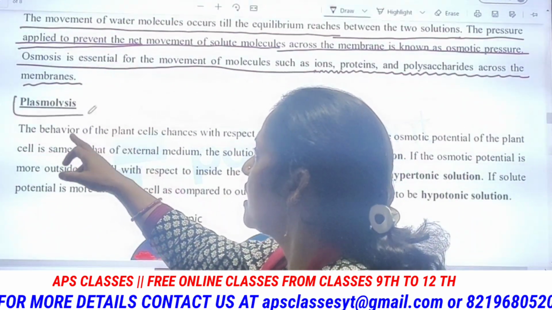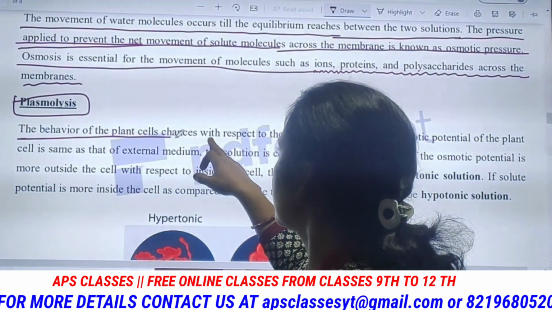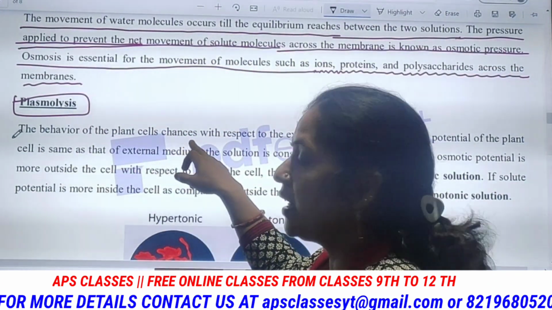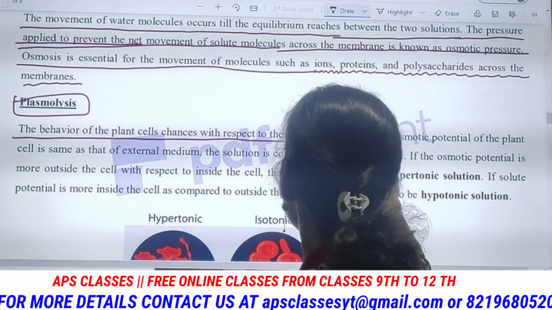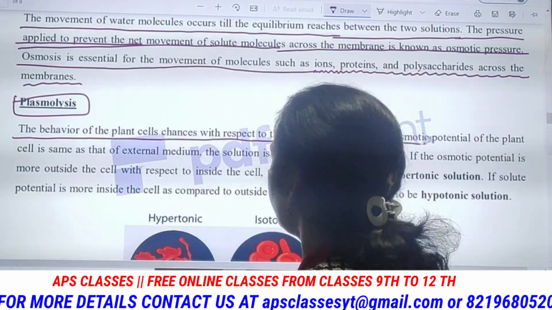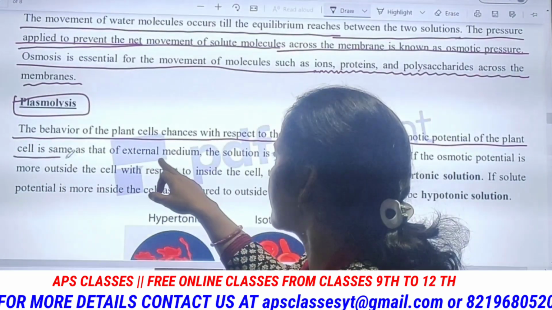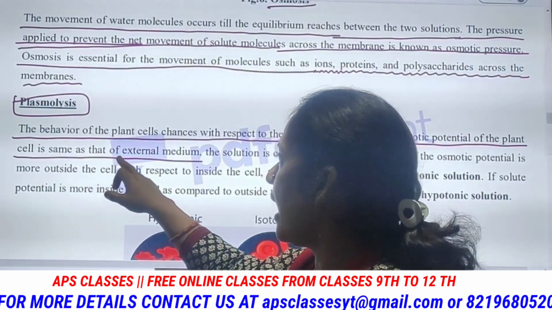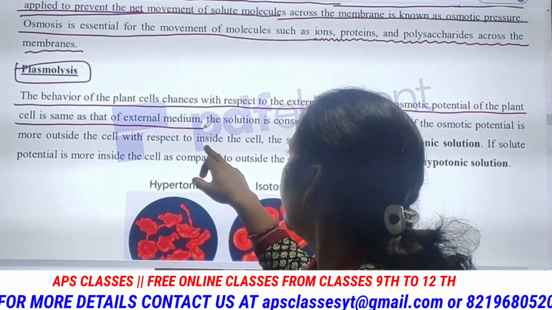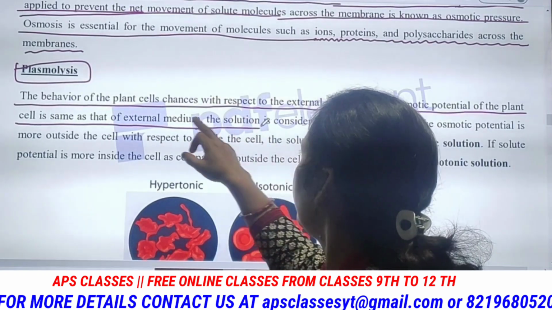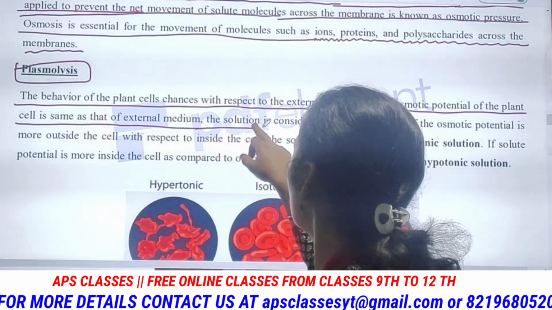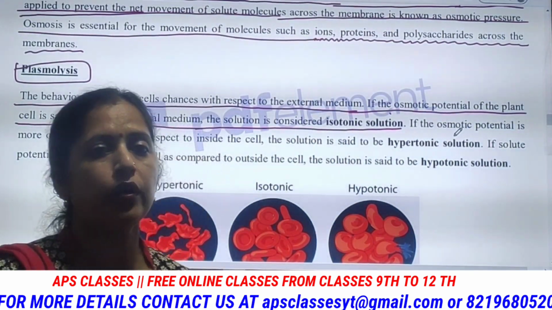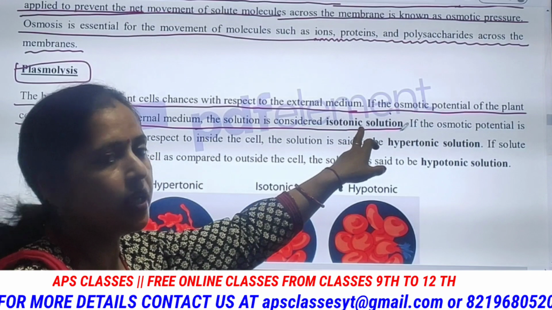Next is plasmolysis. The behavior of the plant cell changes with respect to the external medium. If the osmotic potential of the plant cell is the same as that of the external medium, the solution is considered an isotonic solution.